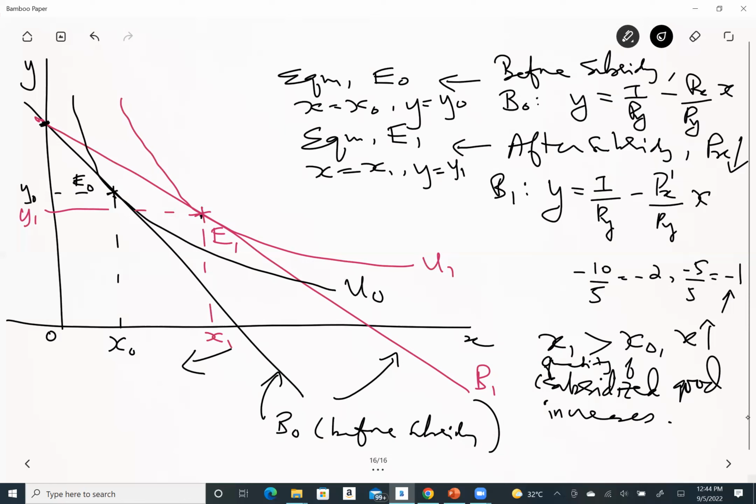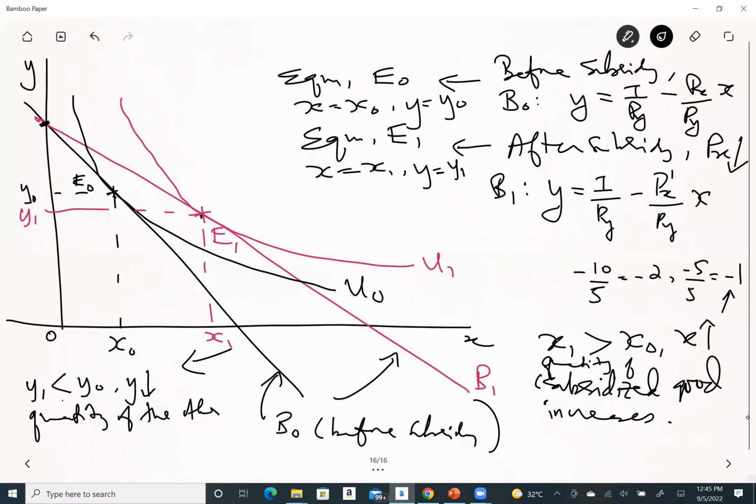Now, okay, what is next? I'm not saying it. I want you to say. Okay, what is second? Consumption of Y decreases. Number 2, consumption of Y decreases. Y1 is less than Y0. What does it mean? It means Y decreases. So what is Y? Y is the consumption or the quantity of the other good.